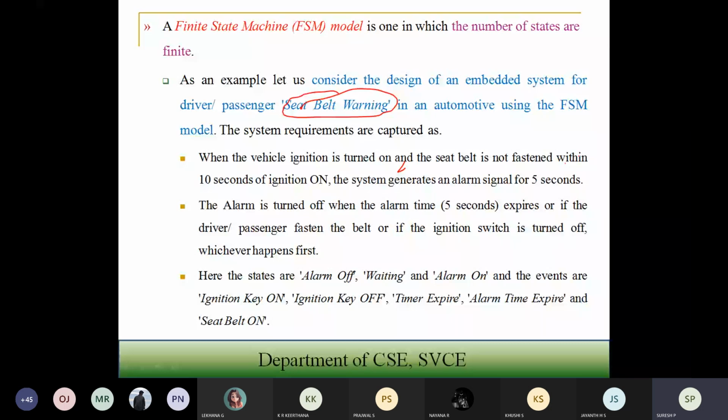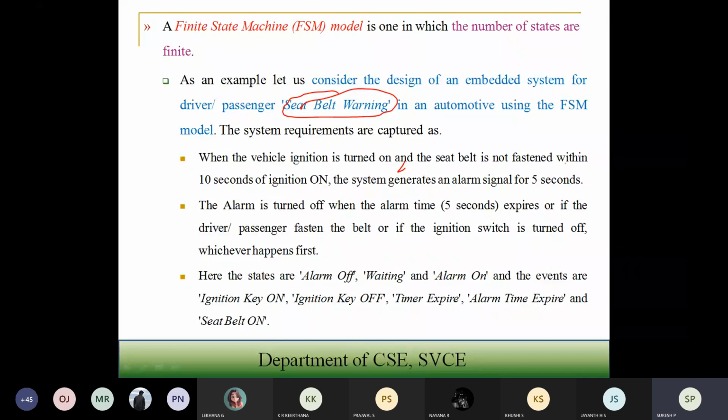Whatever alarm has to be signaled will have some timer, so if that timer is over, your alarm signal will be stopped. Also, the alarm signal has to stop if you switch off your car. That means if the ignition switch is turned off, the alarm signal has to turn off.